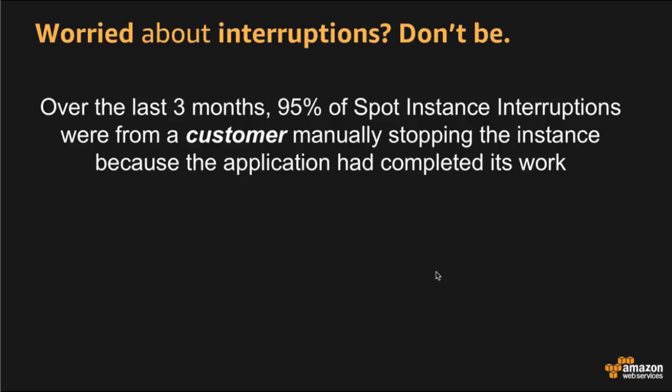So with that said, you can also use this aspect to design fault-tolerant applications that give you the additional flexibility and leverage to get the cost benefits of running your workloads on EC2 Spot as well.